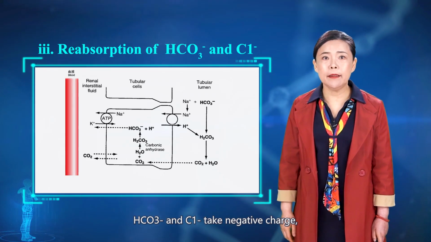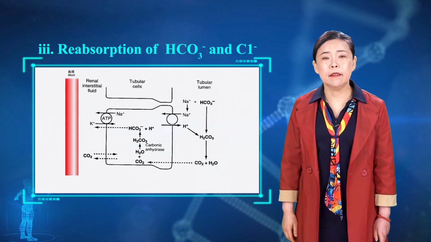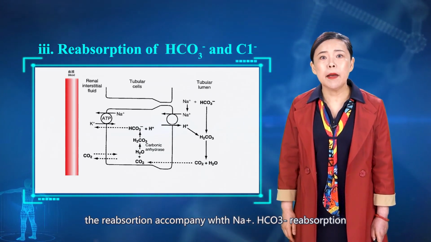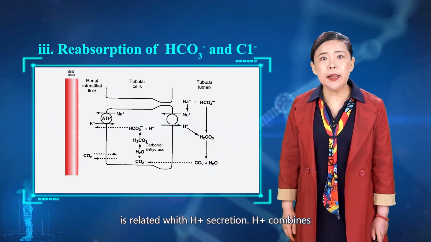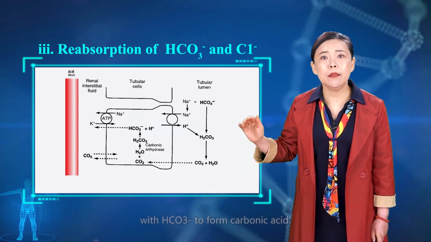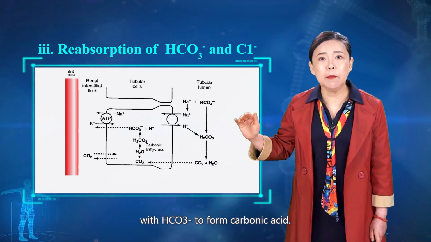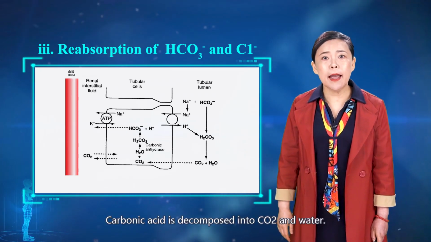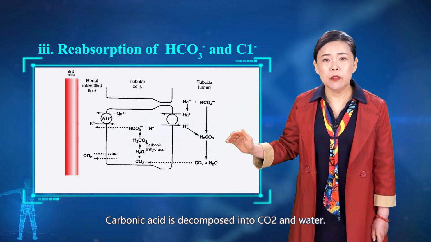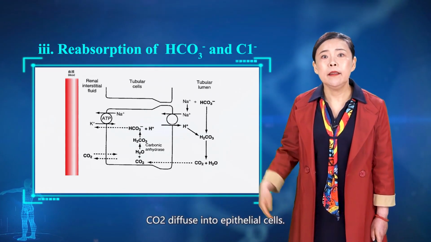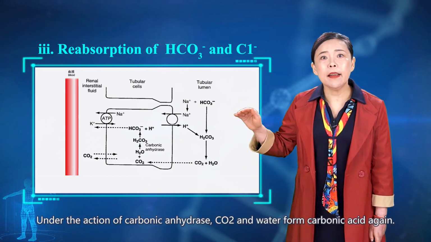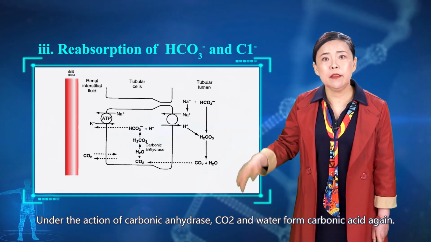Bicarbonate and chloride carry a negative charge. Their reabsorption accompanies sodium. Bicarbonate reabsorption is related to hydrogen secretion. Hydrogen combines with bicarbonate to form carbonic acid. Carbonic acid is decomposed into carbon dioxide and water. Carbon dioxide diffuses into epithelial cells under the action of carbonic anhydrase.